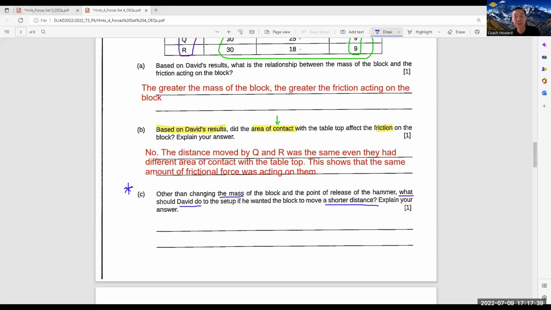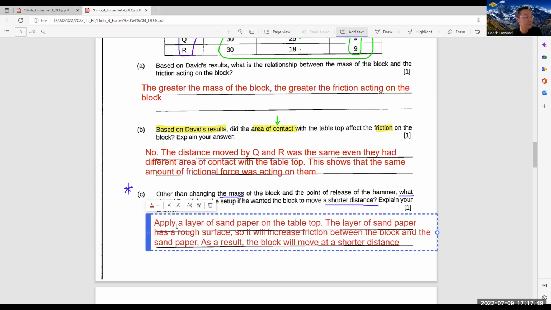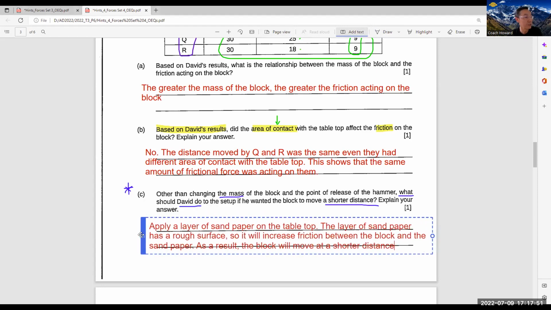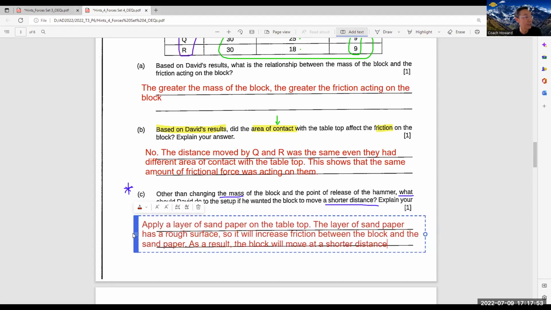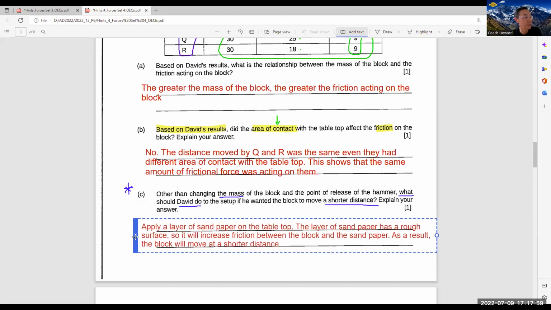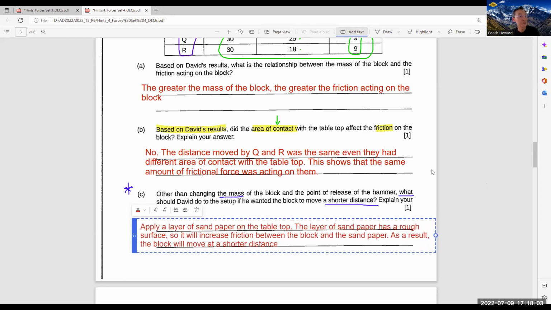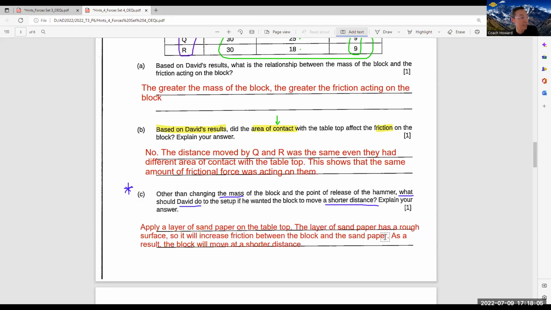Okay, so I show you the answer here. I will put it here, and then later you can. Okay, so this is answer for this part. Make it slightly smaller in between the line. Okay, so this answer: apply a layer of sandpaper on the tabletop.